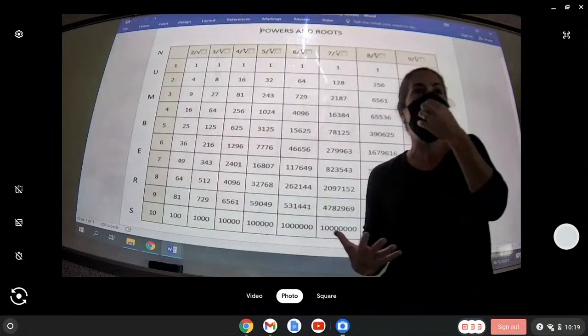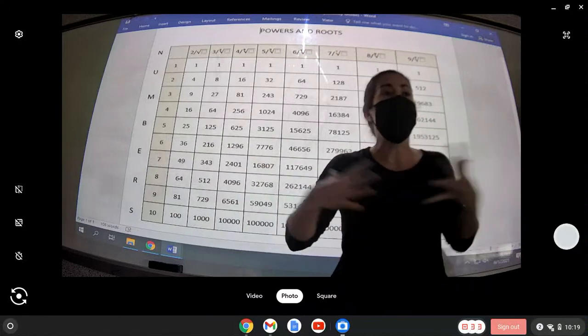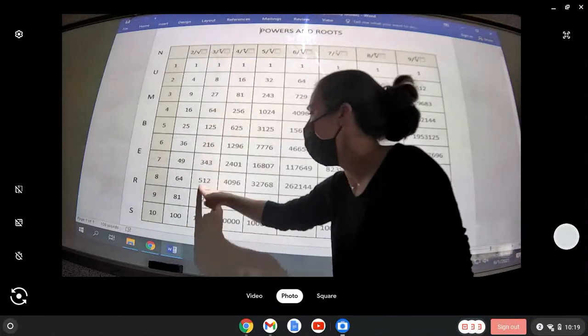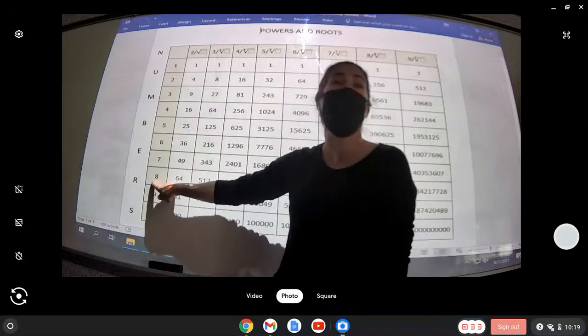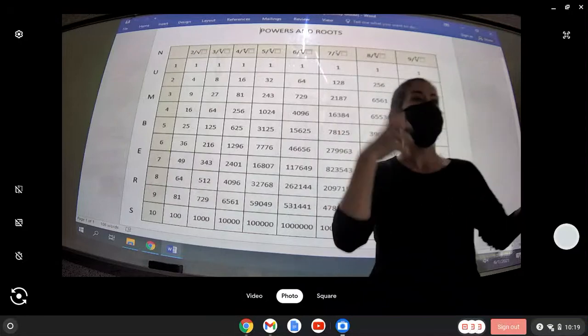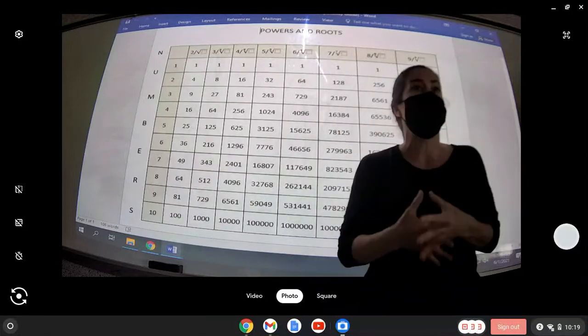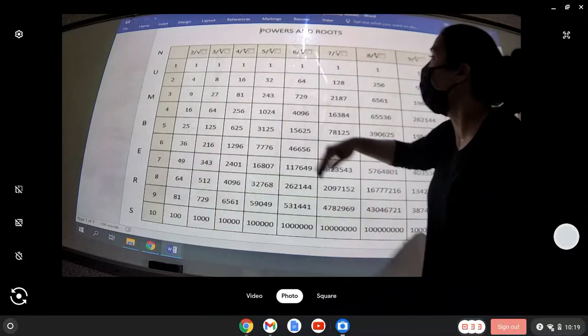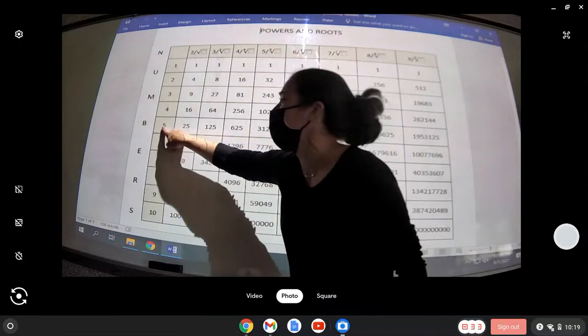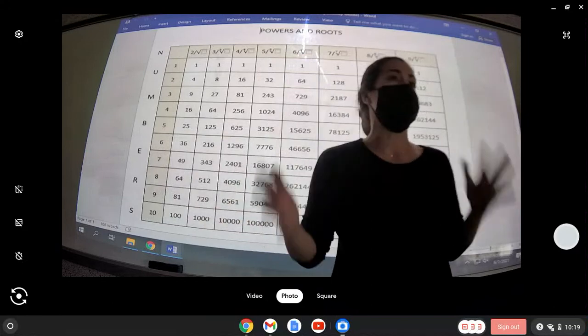If I asked you, what's the third root of 512? Go to your third root column, find the number 512, take it all the way home to the left, it's 8. So instead of having to type all this into a calculator, the chart should help. If I asked you, what is the fifth root of 3,125? It's 5. So you can use the chart to help you.